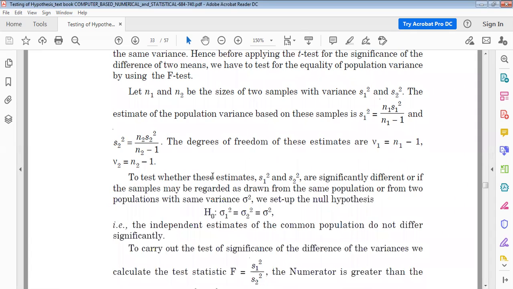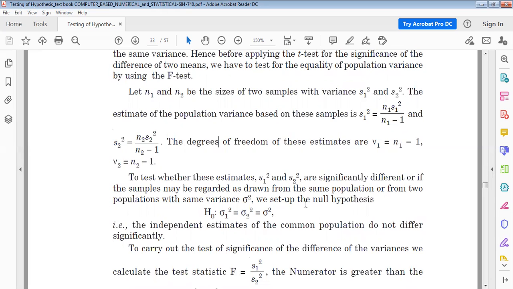To test whether the estimates s1 square and s2 square are significantly different, the samples may be regarded as drawn from the same population or two populations with the same variance. That means there are two conditions: the same population and equal variance.